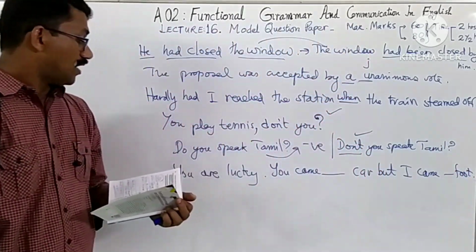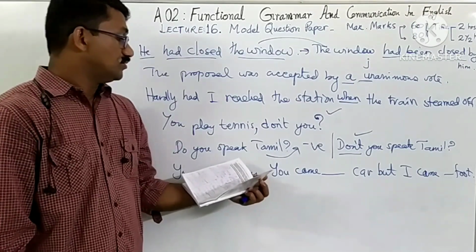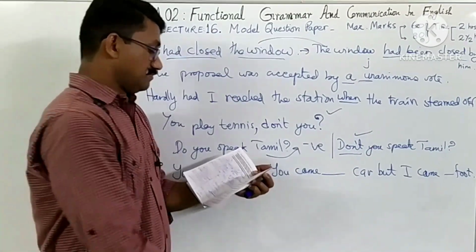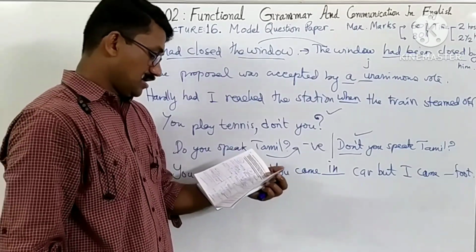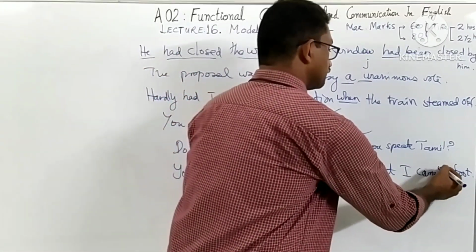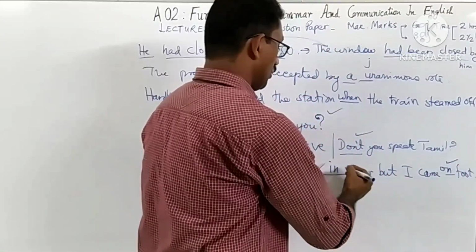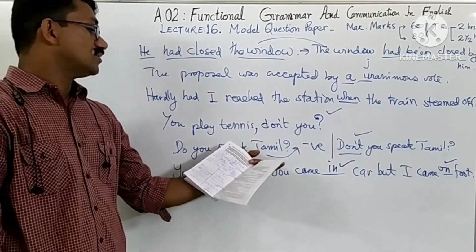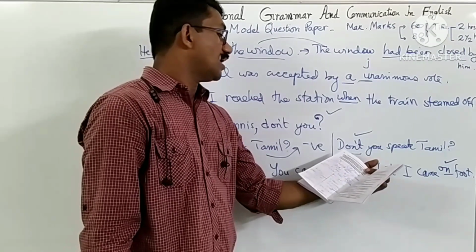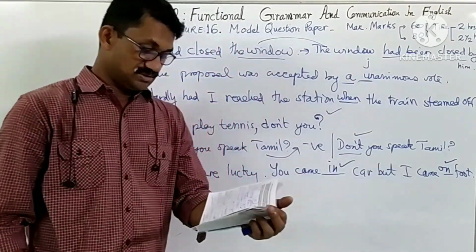Okay, you are lucky. You came in car, but I came on foot. I came on foot. Okay, you are lucky. You came in car, but I came on foot.